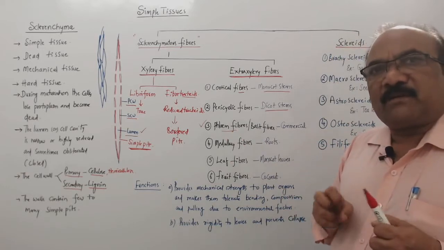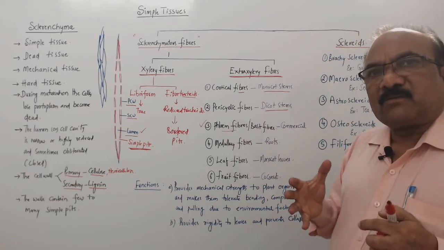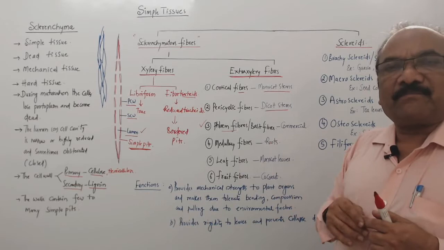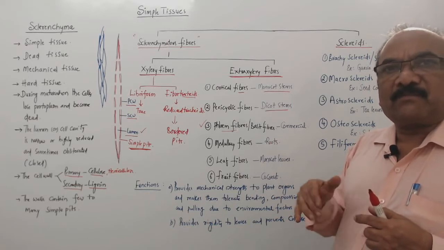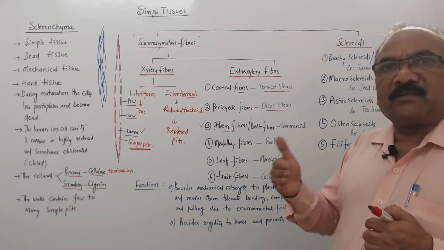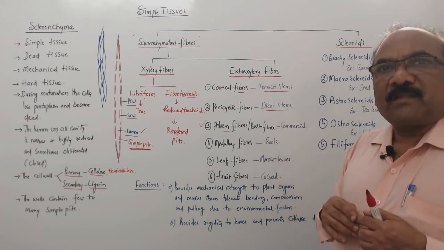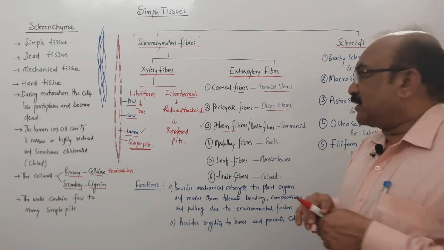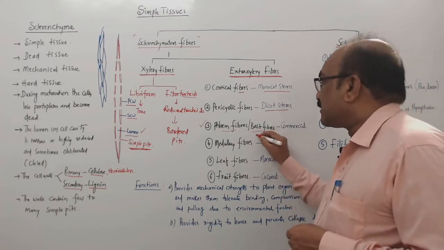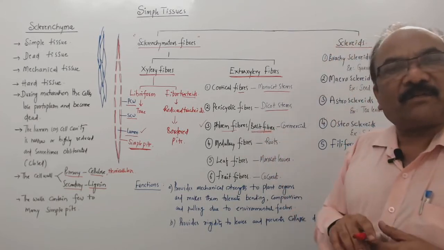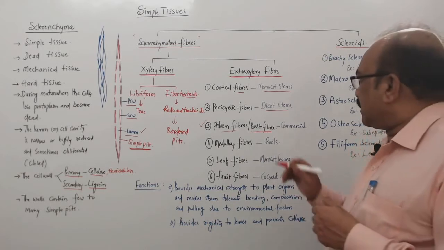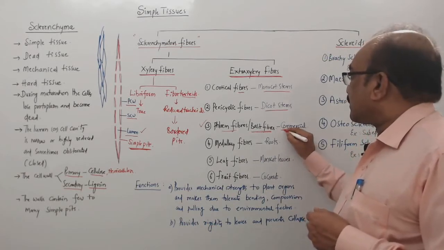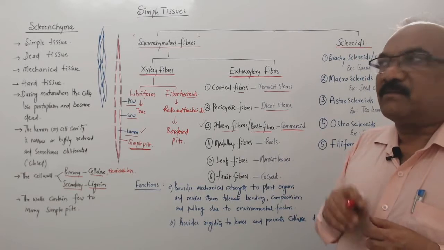Of course, these phloem fibers are mainly associated with the secondary phloem. Secondary phloem means what? The phloem that is formed during secondary growth is called secondary phloem, and that produces more number of fibers. And that's why the other name given for these phloem fibers is what? Bast fibers.